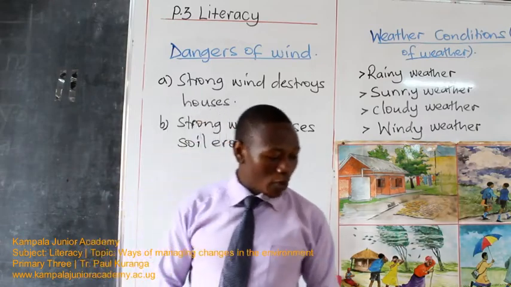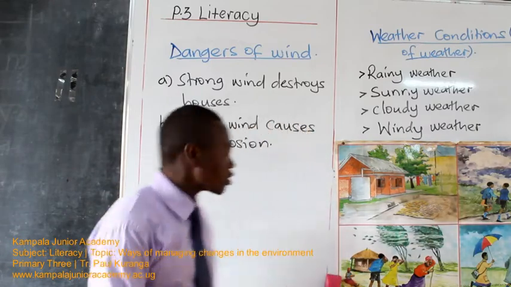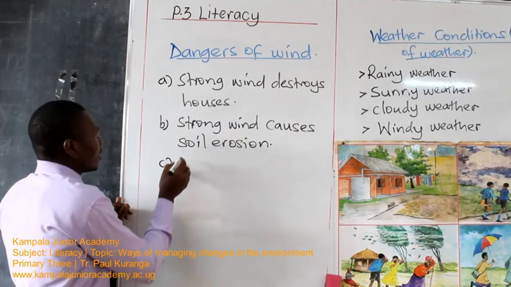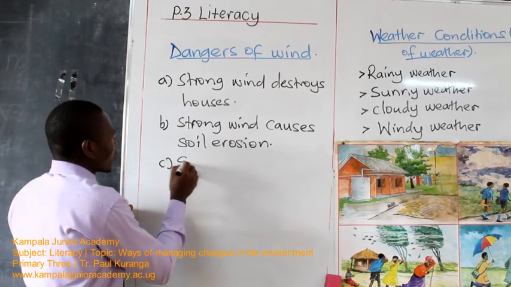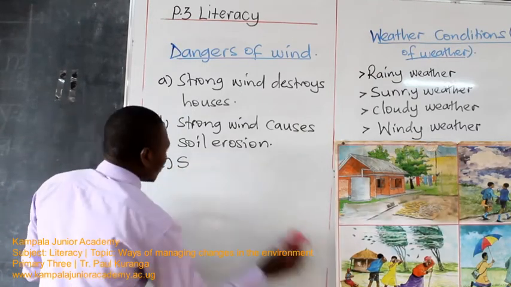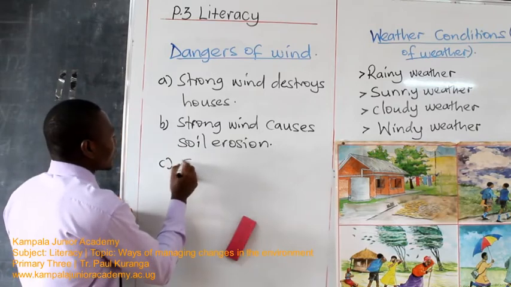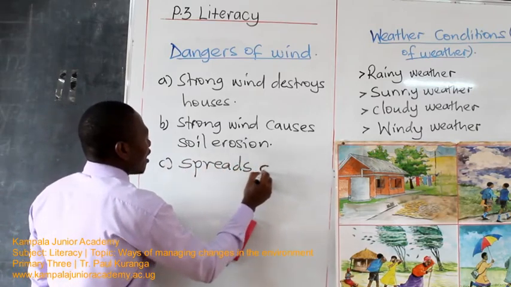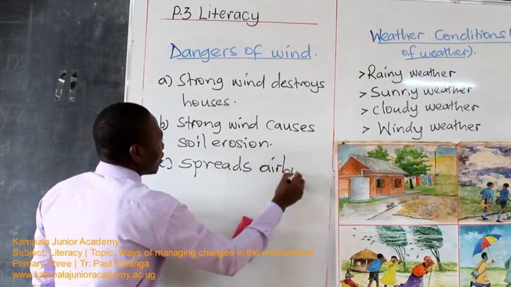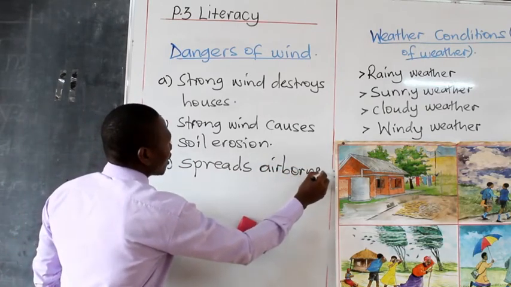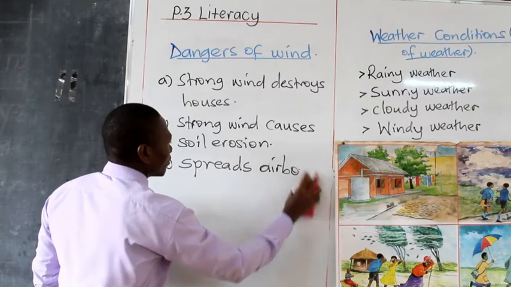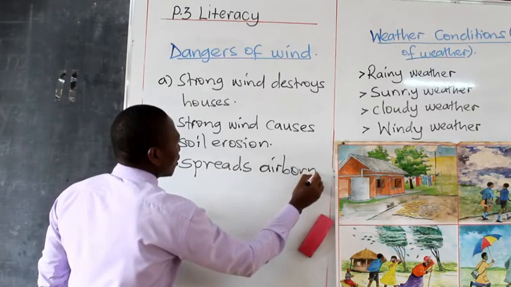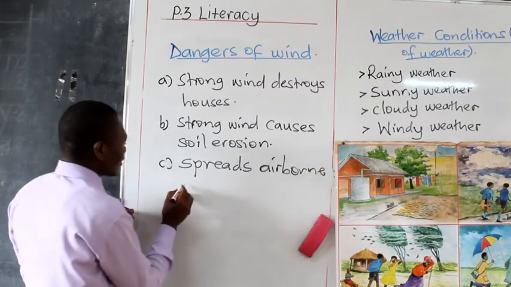Another problem of strong wind is that it spreads airborne diseases.